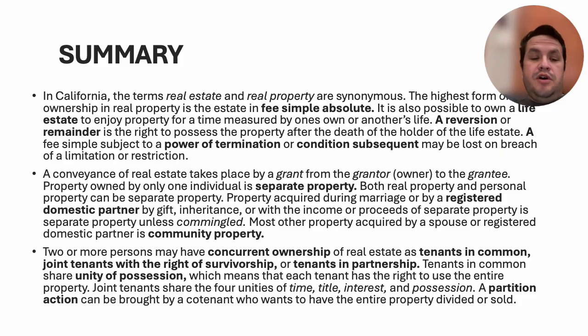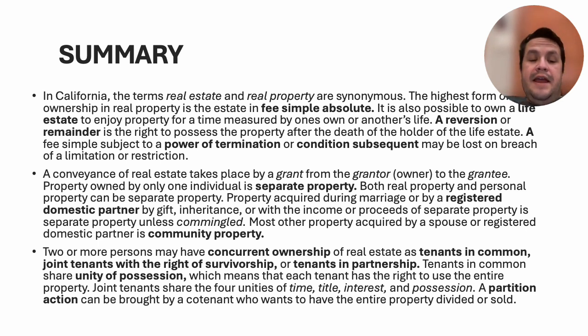It's also possible to own a life estate to enjoy property for the time measured by one's own or another person's life. A reversion or remainder is the right to possess a property after the death of the holder of a life estate. A fee simple subject to a power of termination or condition subsequent may be lost on breach of a limitation or restriction.